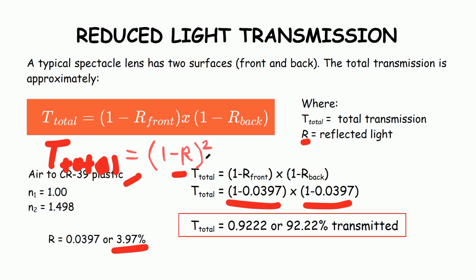This is assuming that front and back have the same Fresnel reflection value. In the given, since we assume it is CR39 plastic on the front and the back, you will get the same result with this formula. So whichever you are more comfortable using, you are free to do that.